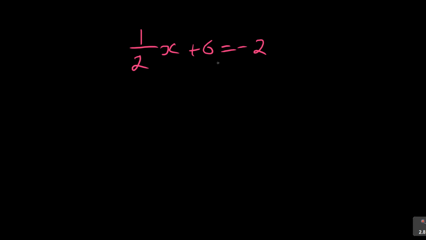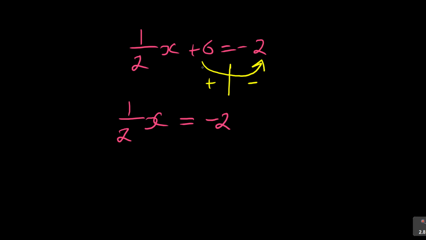So here, you see that 6 goes and joins 2. Cross the equal sign. It was positive, it will become negative. So what do we have? We have got 1 over 2x is equal to, leave minus 2 already on the other side, but 6 is the one that became negative now.